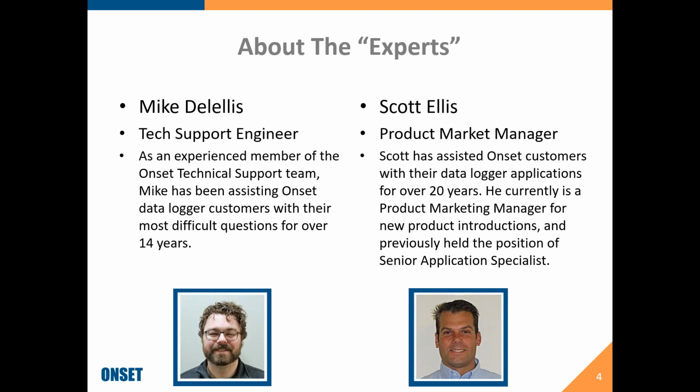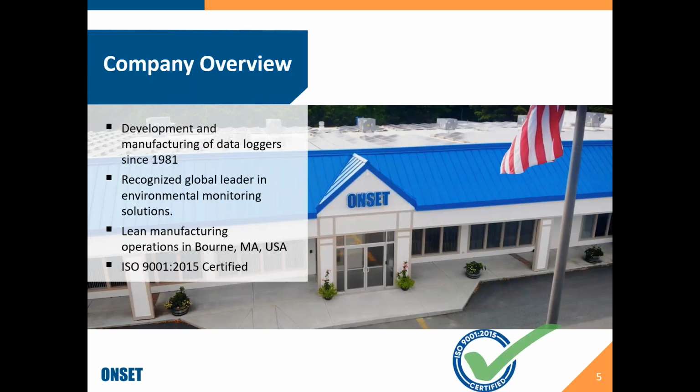A little bit about Onset. We started in 1981. We manufacture everything on Cape Cod in Massachusetts, in Bourne. So we are actually up and running and have been running through all of this fun stuff that the country and the world is going through.